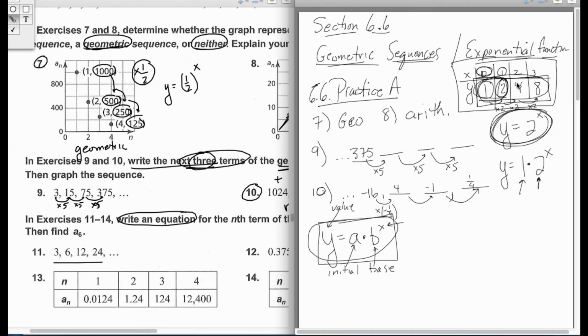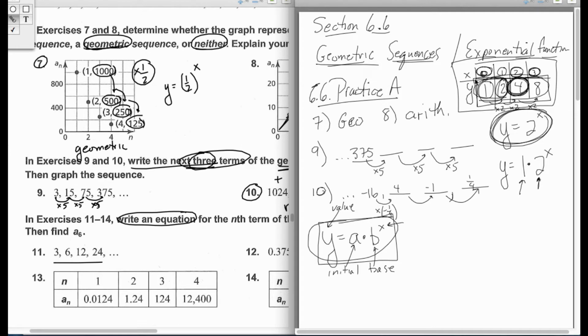So if I want to get the third number in the sequence, this is the third number in the sequence right here, I'm putting in 2 for x. Because I started at 0, I'm putting in 2 for x, and I'm getting 4. If I want to get the fourth number in the sequence, I'm putting in 3.